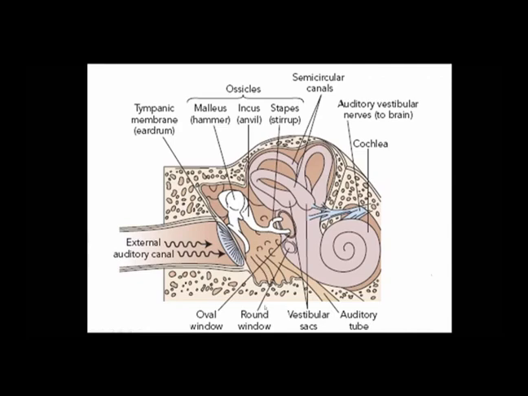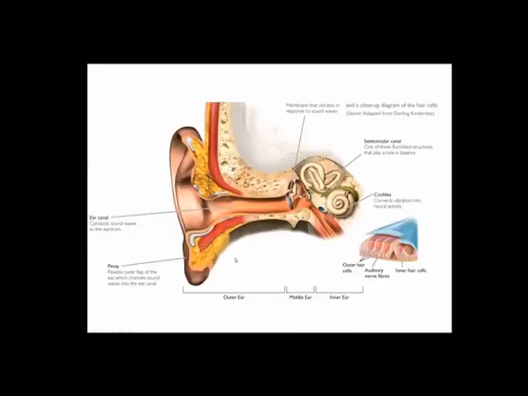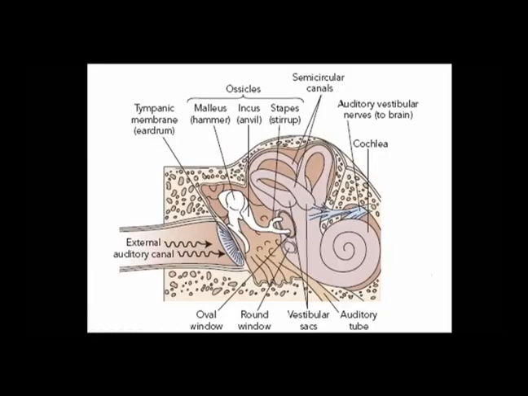Now, as promised, we have a slightly zoomed in, a little bit more detailed image here. We've gotten rid of the pinna that would be on the outside here, but we still have our auditory canal. And this here is the same as right here, just to orient us. So this is called the tympanic membrane, or the eardrum. Both are used. And then here we have our ossicles. I don't so much focus on the specifics. We have a malleus, an incus, and a stapes. They're all ossicles.